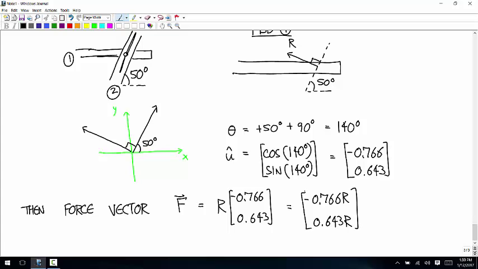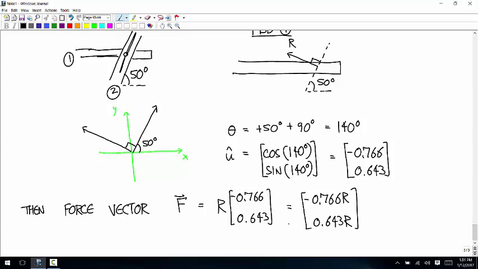Now this is a really useful thing. I don't expect this to make 100% sense yet, but we're going to do a lot of this. Even though we don't know either one of the components for this force vector F, we've expressed it in terms of a single variable.